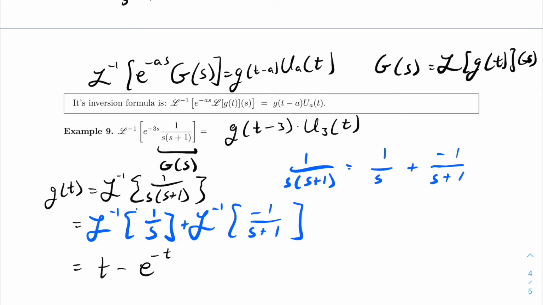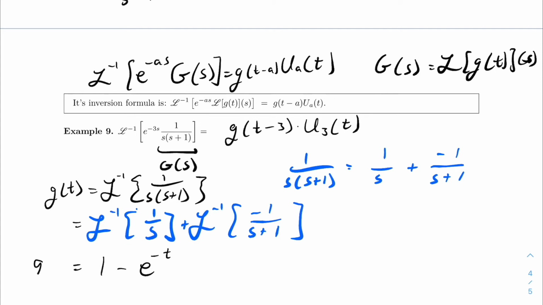Wait, no. This should just be 1. Sorry, if it was t, then that would give me 1 over s squared. 1 gives me 1 over s. So inverse Laplace of 1 over s is just 1. Inverse Laplace of 1 over s plus 1 is e to the negative t.